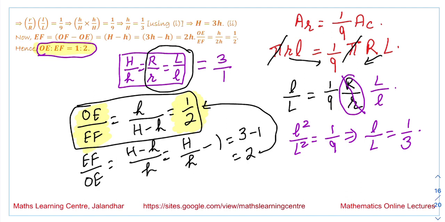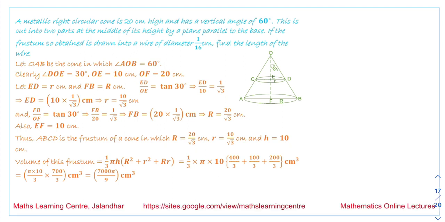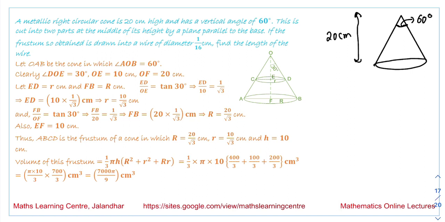Now the next question we have is: a metallic right circular cone is 20 cm high and has a vertical angle of 60 degrees. So a cone is given to us, and the total height of this cone is 20 centimeters, and the vertical angle is equal to 60 degrees.